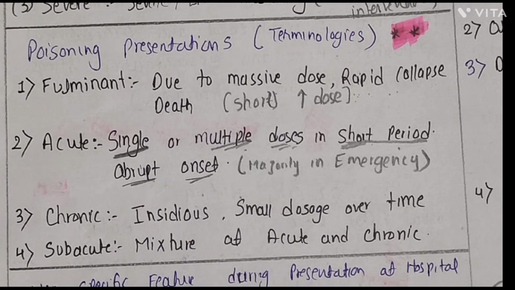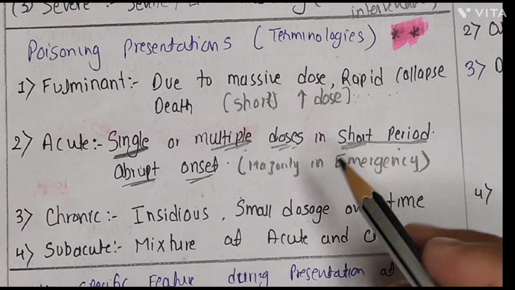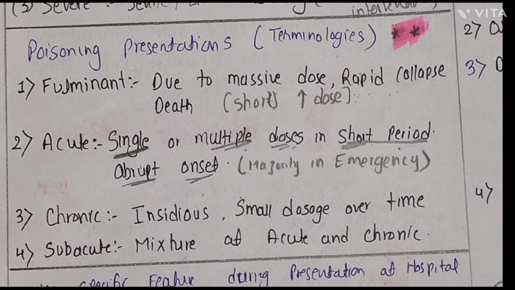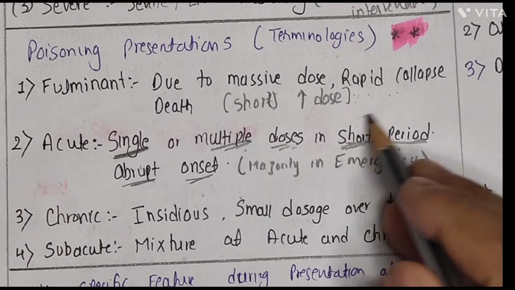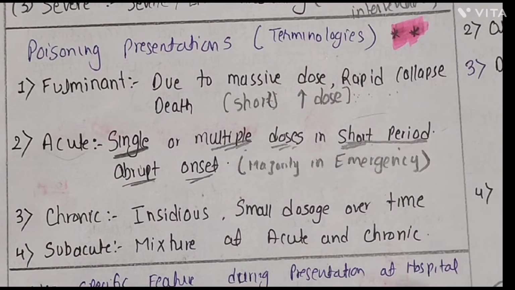For example, in the morning I was exposed to 5 grams of paracetamol, or 3 grams in the morning, 2 grams at 8 o'clock, or after 1 hour again I got exposed to it, within a short period of time, within some hours or within some minutes. This is called acute, right?